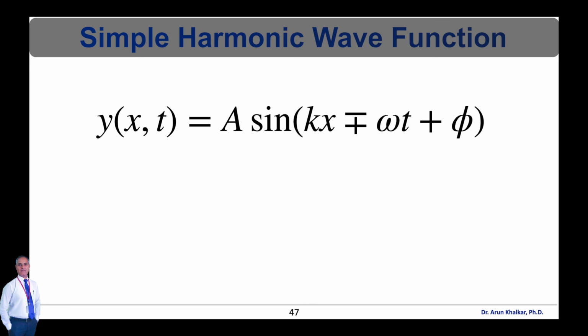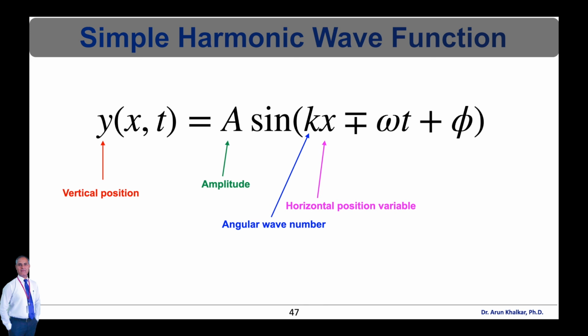The wave function modeling a sinusoidal wave, allowing for an initial phase shift phi, can be written as y of x,t equal to A sine of (kx minus or plus omega t plus phi), where y of x,t is the vertical position, capital A is the amplitude, small k is the angular wave number, small x is the horizontal position variable, omega is the angular frequency, small t is the time variable, and phi is the phase.